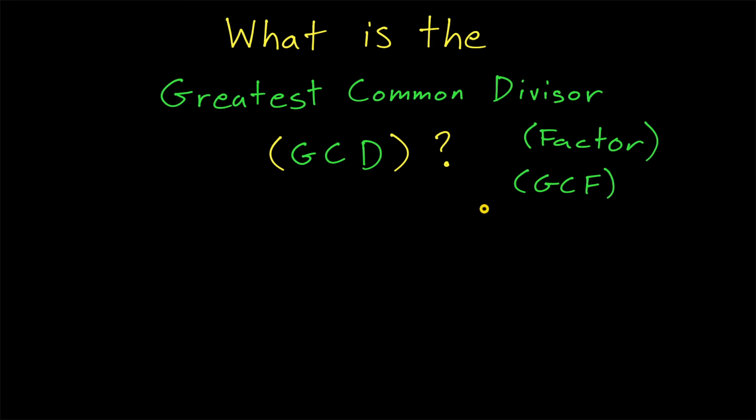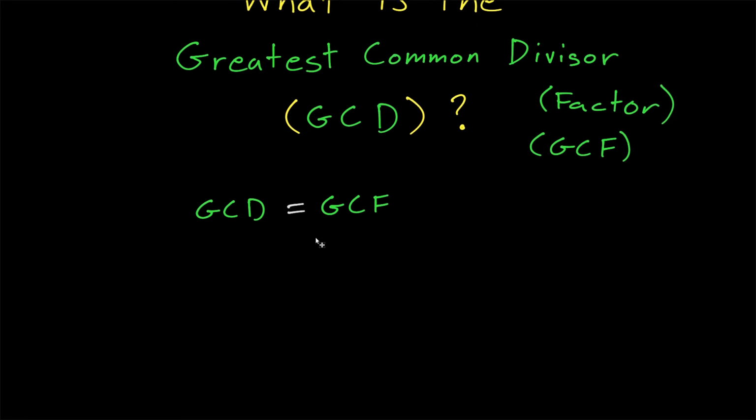These are all one and the same thing, so basically the GCD, the greatest common divisor, is equal to the greatest common factor. So if you see the term GCF, think GCD. If you see greatest common factor as opposed to divisor, think greatest common divisor.